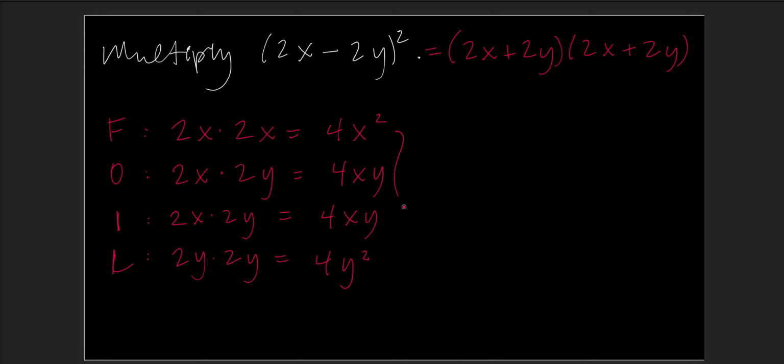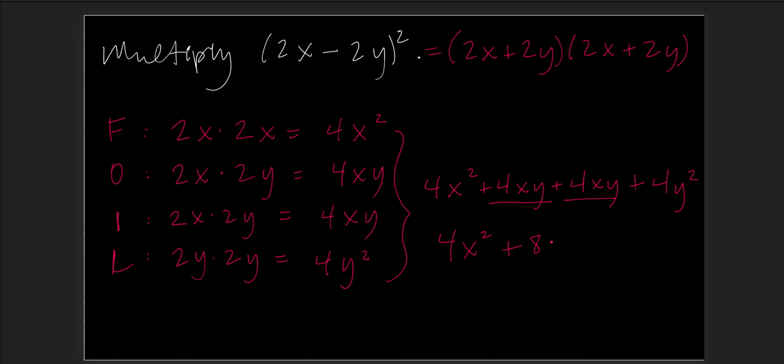And remember, what we do next is write these out. 4x squared plus 4xy plus 4xy plus 4y squared. And we have like terms right here to combine. So it actually is 4x squared plus 8xy plus 4y squared.